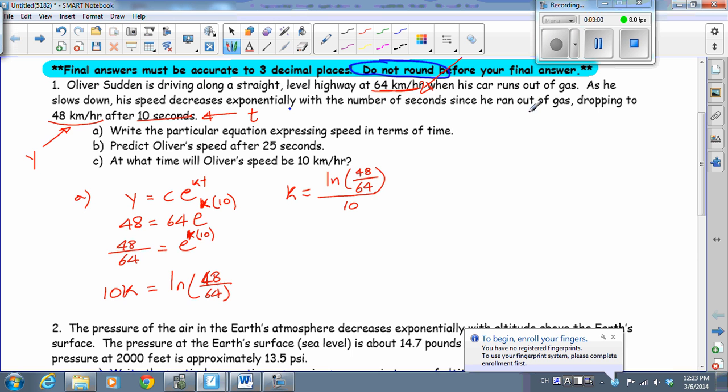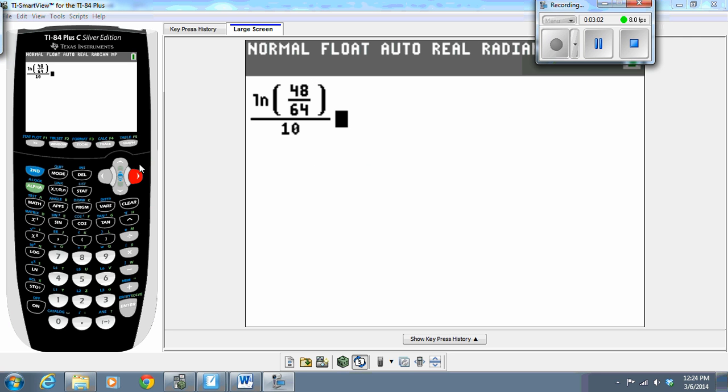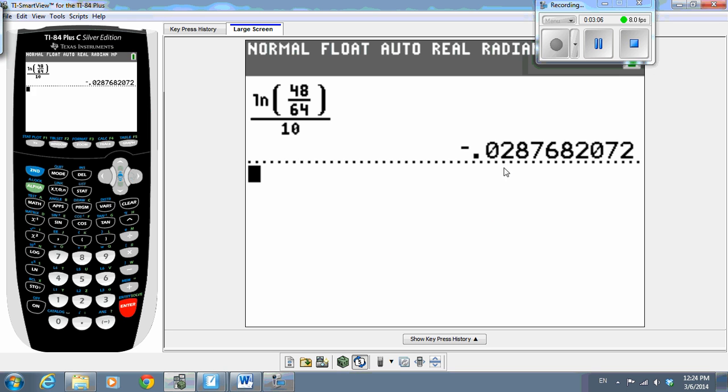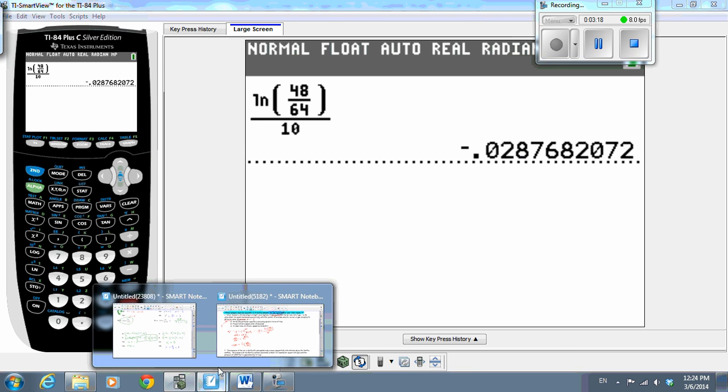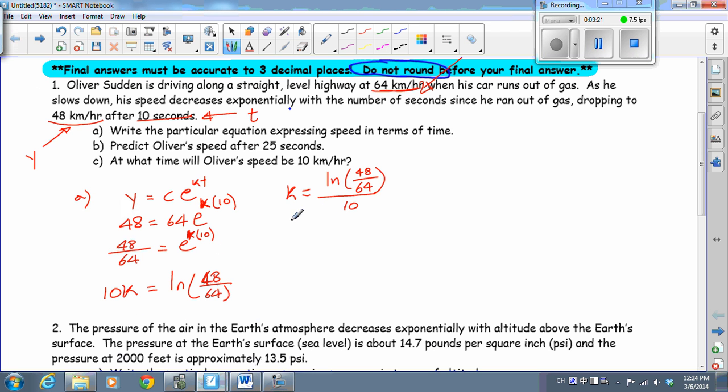Let's go ahead and plug this in the calculator. Once you plug it into your calculator, you should get an estimated answer of negative 0.02876, or let's say 0.0288. So on your paper, you will have k is approximately equal to negative 0.0288.